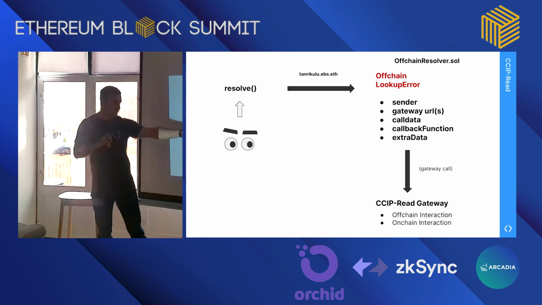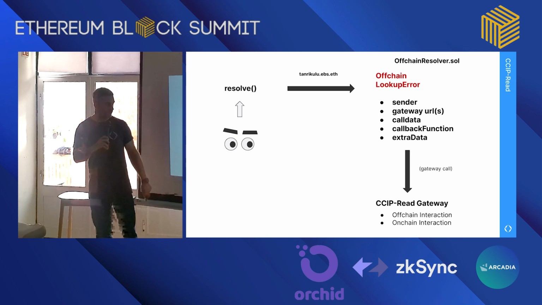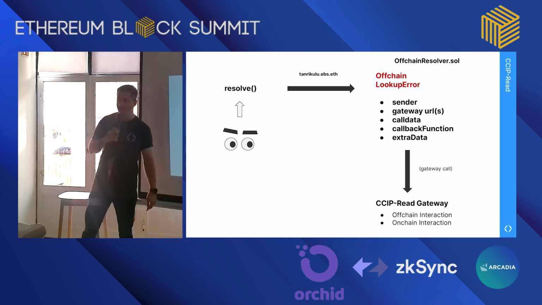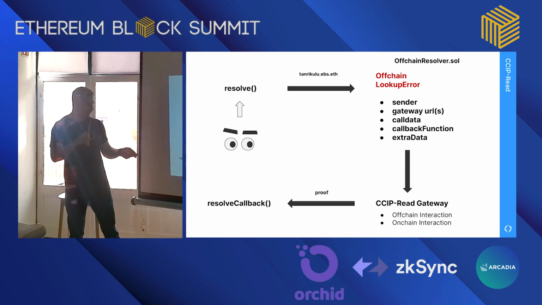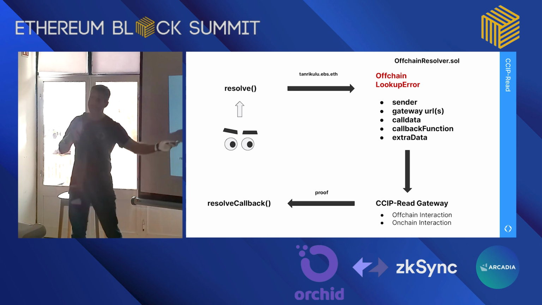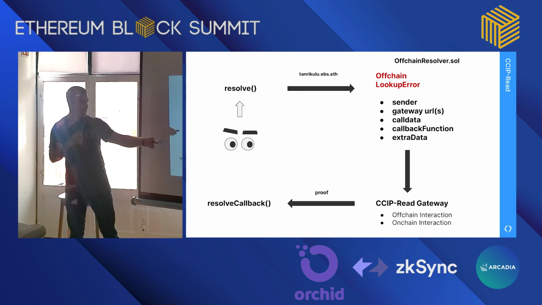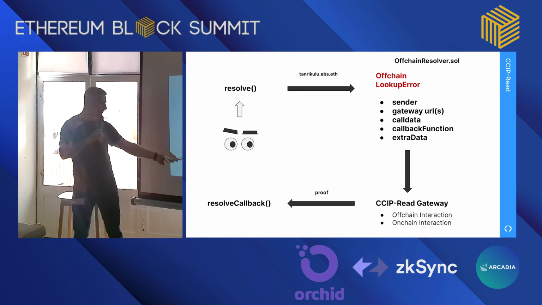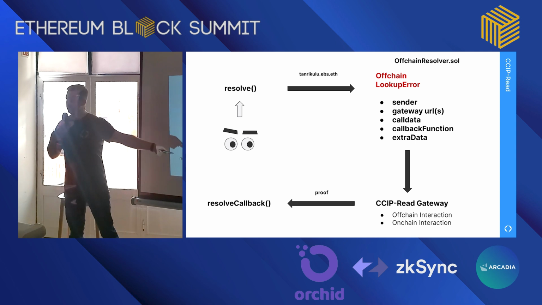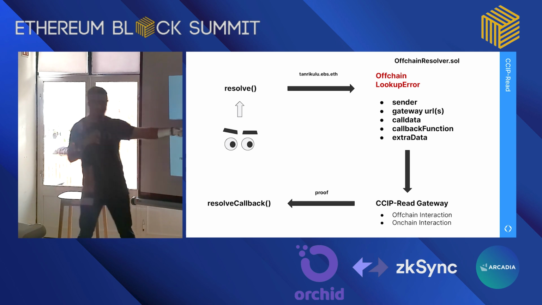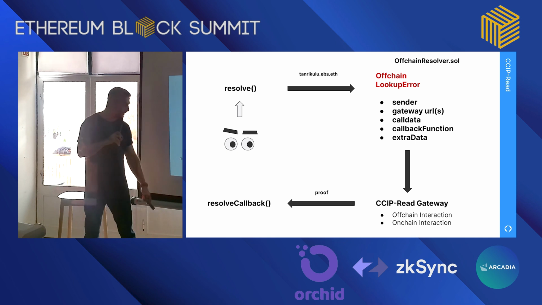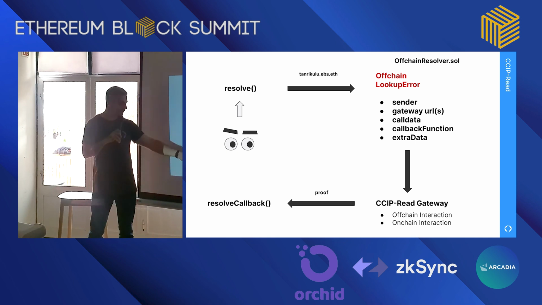So we are asking the gateway if it has this information, and the gateway says, yeah, I have this. Here is the information, and here is the proof. And you already know what you're going to call for the verification. This is a callback function. Then the client sends the proof to the callback function.